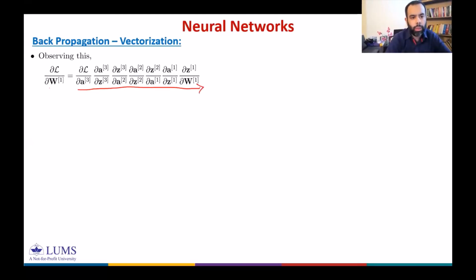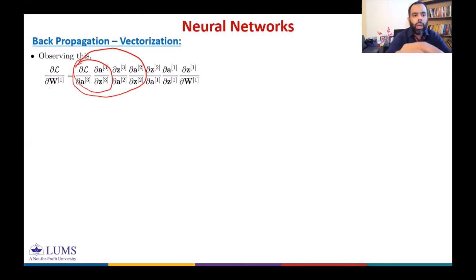What's worth noting here is that the partial derivative of the loss function with respect to Z2 can be written as a product of the partial derivative of the loss function with respect to Z3 times the derivative of Z3 with respect to A2 times the derivative of A2 with respect to Z2.